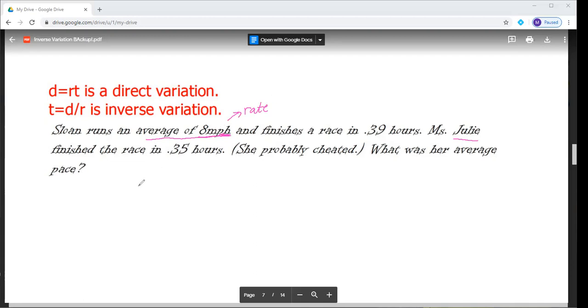Okay, so if that's your rate, then we have distance equals rate times time. And it also gives us 0.39 hours. Okay, so we don't know how far she went. Distance equals rate, 8 miles per hour, times time, 0.39 hours.